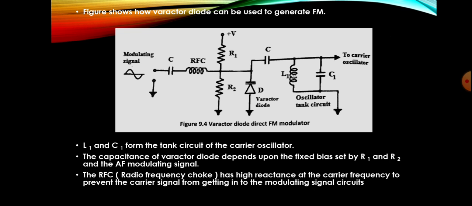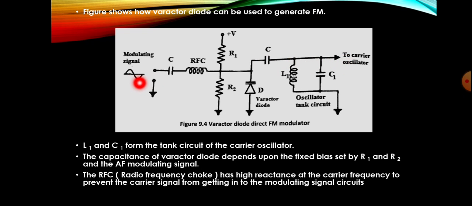When the capacitance increases, the tank circuit frequency will be reduced. So for the positive cycle, the reverse bias increases, the capacitance decreases, and as a result the frequency increases. So corresponding to the positive modulating voltage, the carrier frequency will be increased.